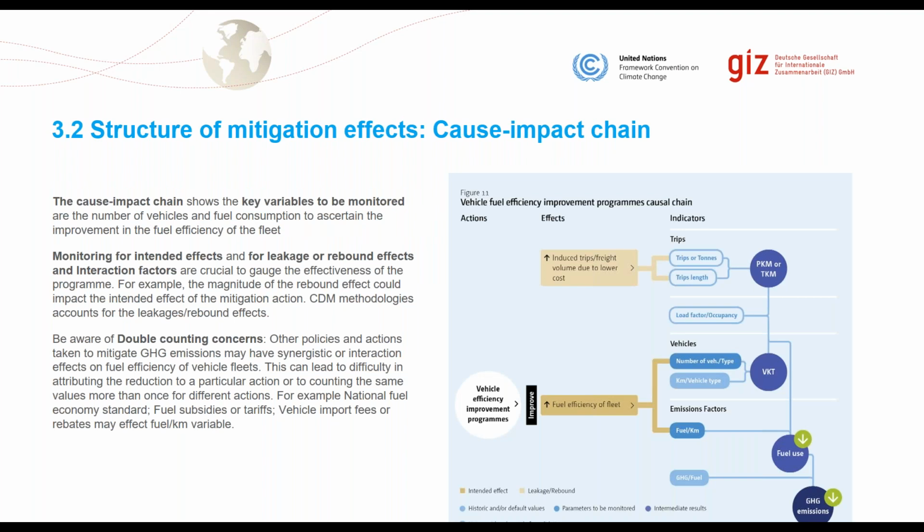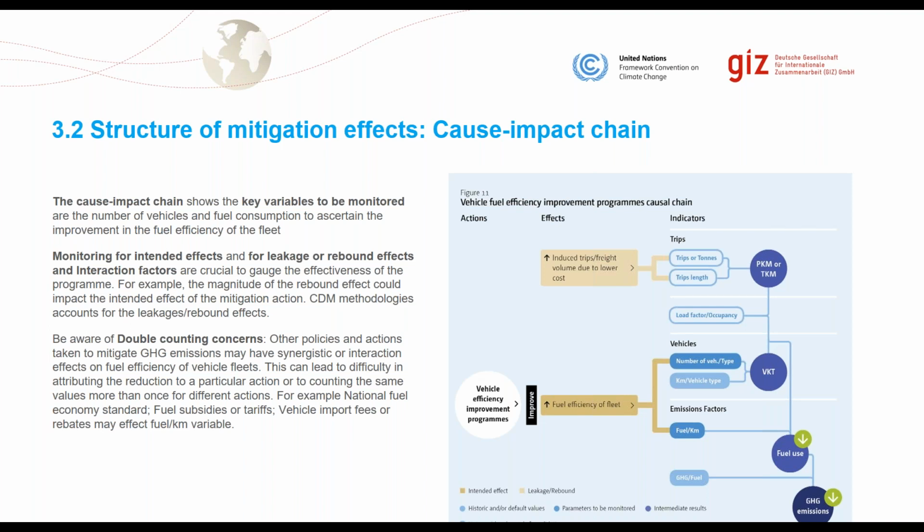Yeah, the cause impact chain is what Urda already has explained in terms of what we're trying to look at. It shows the key variables that need to be monitored and how these variables can be affected based on the improvement that we put in place.